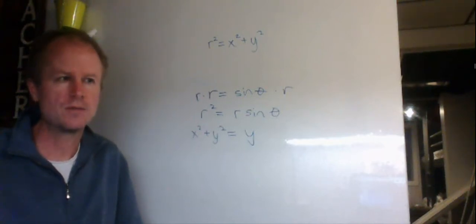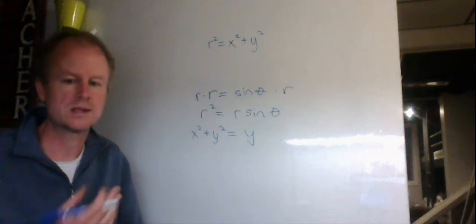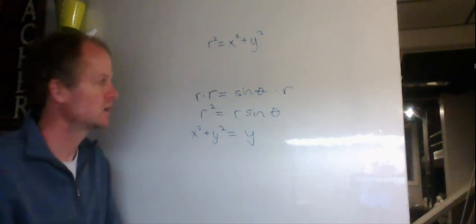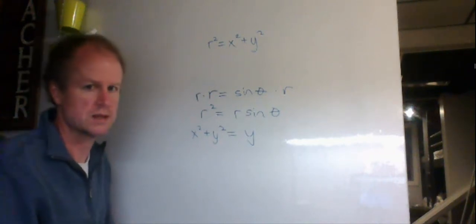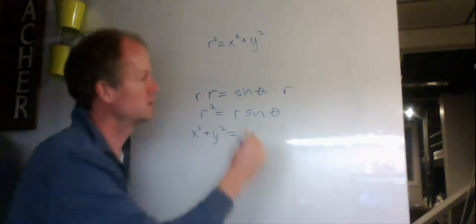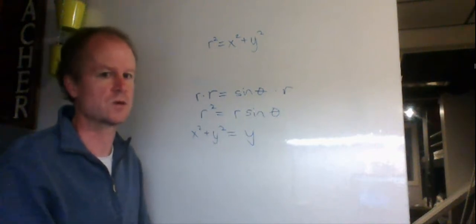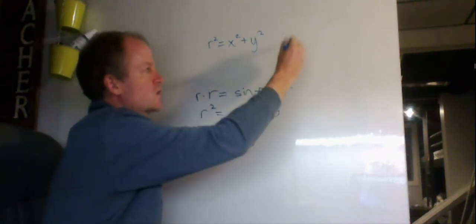Our next step is to rewrite this in a form that will show us what the center is and what the radius is. The other thing that we didn't spend a ton of time talking about this year is the general form of a circle.